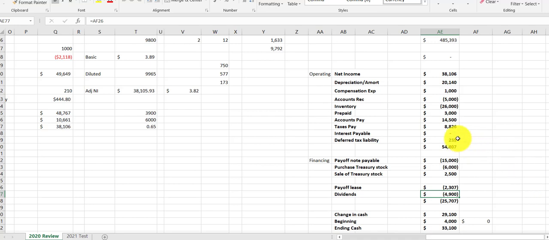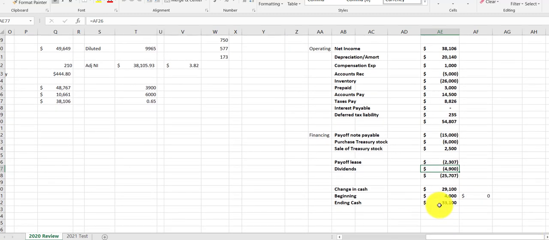If you did the interest as part of the interest payable, then you'd have a difference here, and your payoff of the lease would be different here, and it still gets your right cash. This is our changing cash, which is, of course, the operating plus the minus the financing because it's negative. We get our changing cash. We started with $4,000. We ended up with $33,100 on the balance sheet.